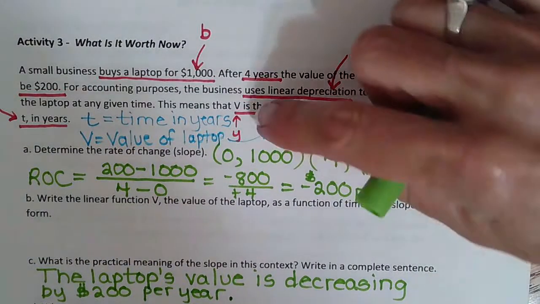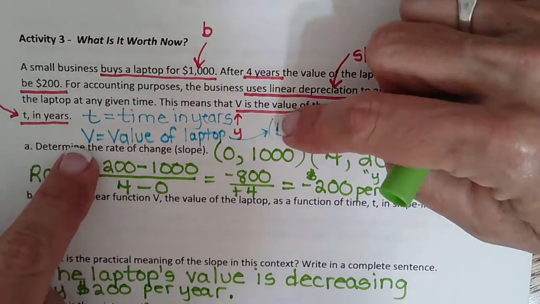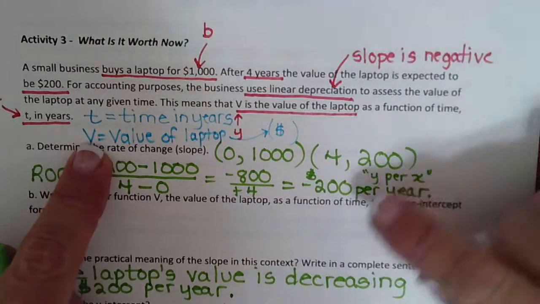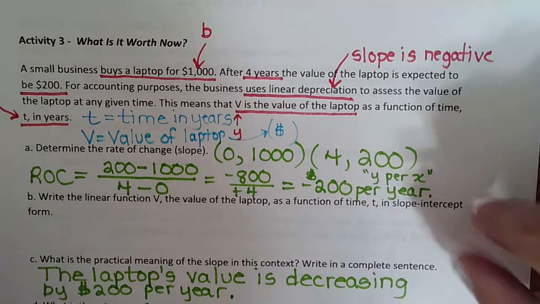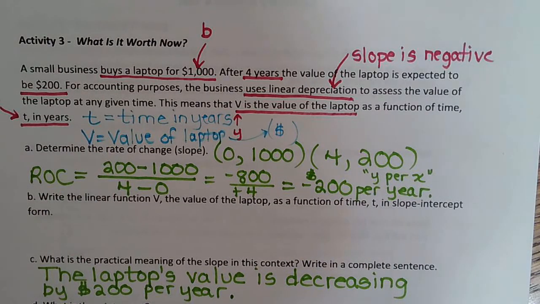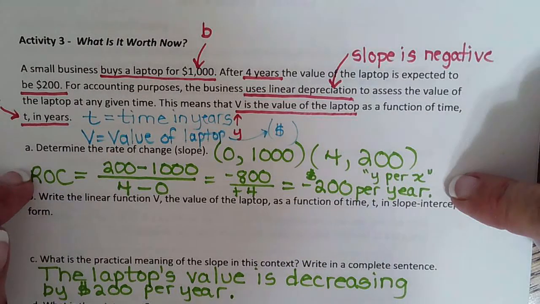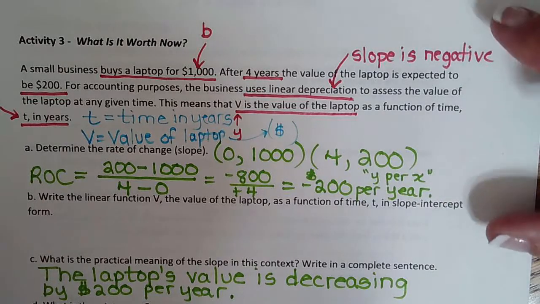So it's always what's happening to the Y. So the Y is the value. So the value of the laptop, the negative tells me decreasing by $200 per year. So that's the practical meaning of slope, what that negative 200 represents.